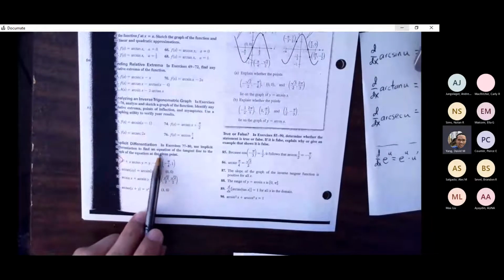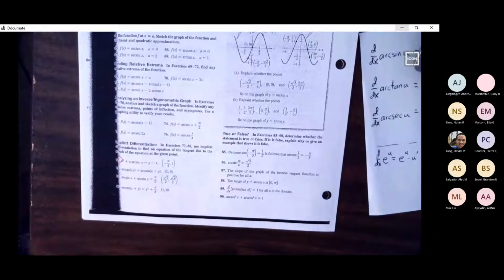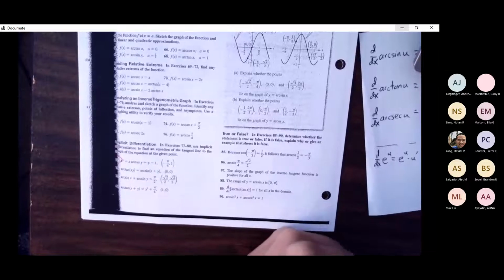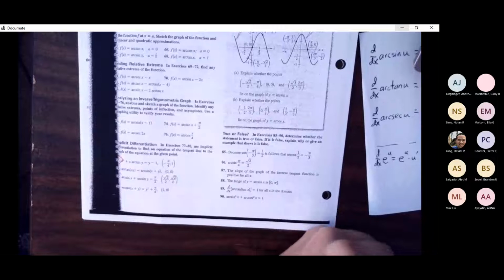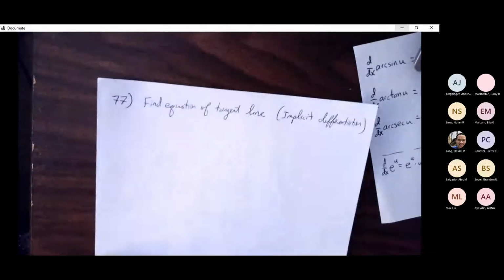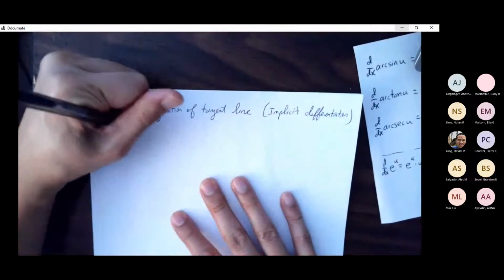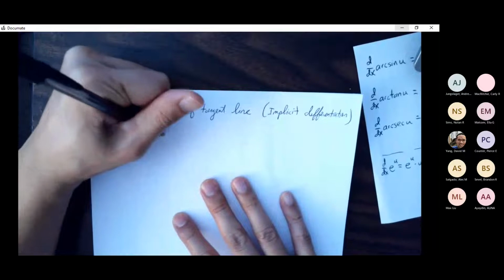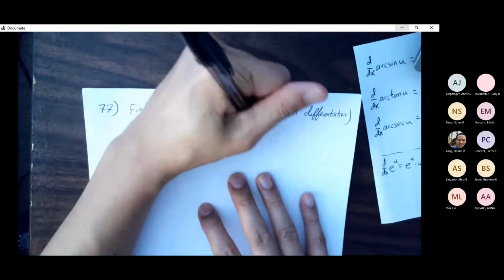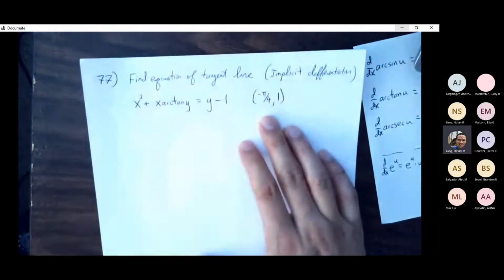This is implicit differentiation with equation of the tangent line. So there's my ordered pair.